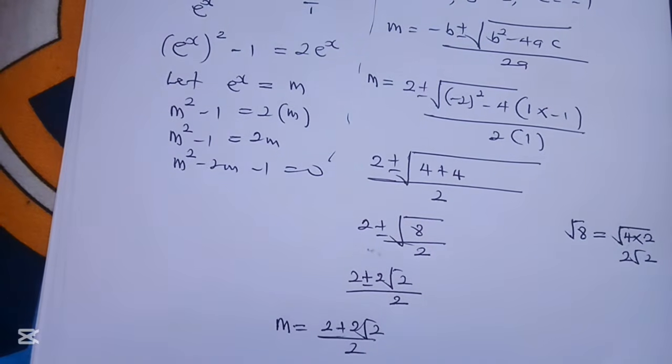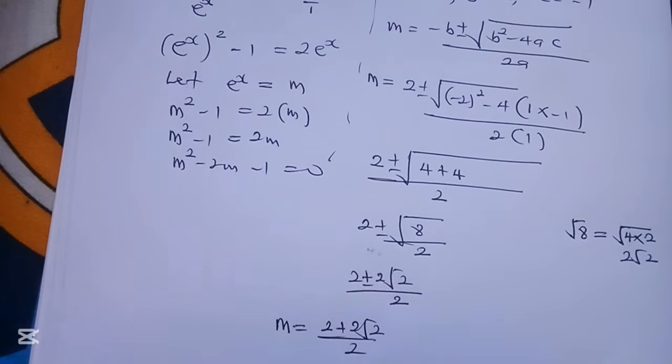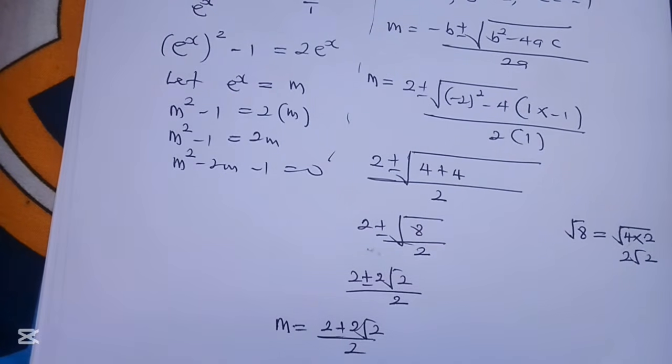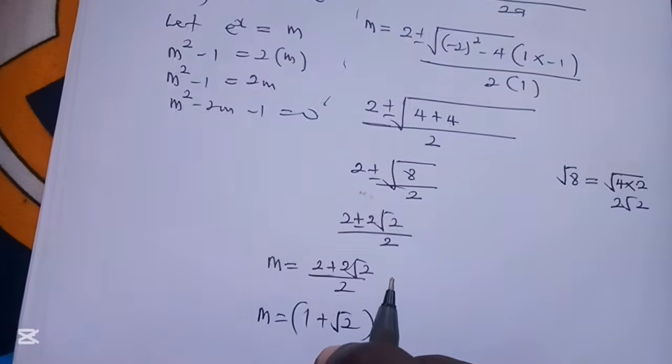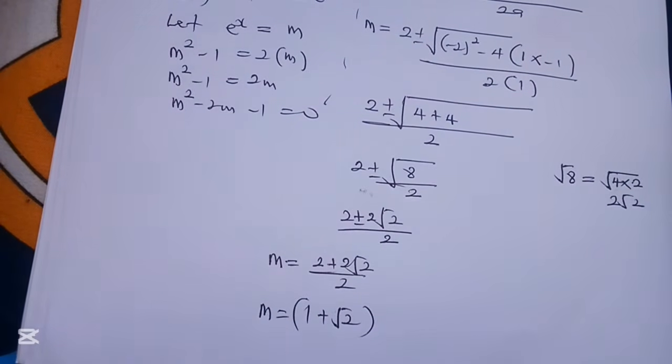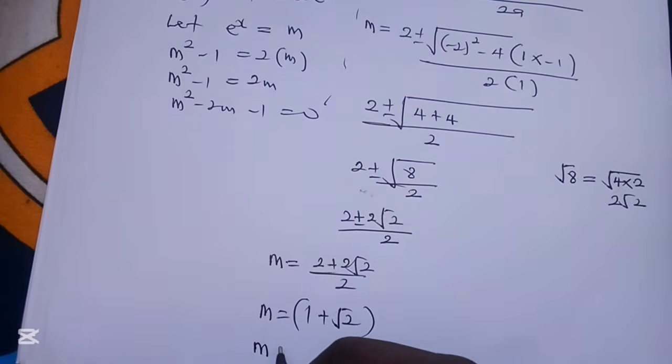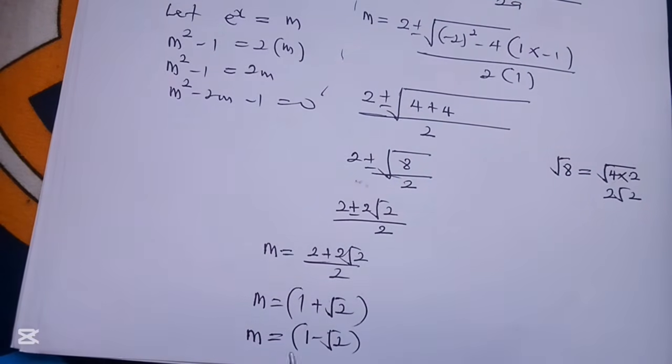If you simplify this right away, m here becomes 1 plus root 2, since 2 divided by 2 is 1 and the 2s cancel on the root 2 term. So the value of m becomes 1 plus root 2. But similarly we can also have the other value, with the negative sign, m is equal to 1 minus root 2. But the question says we are to find the value of x, not m.